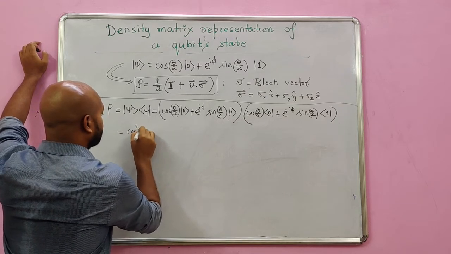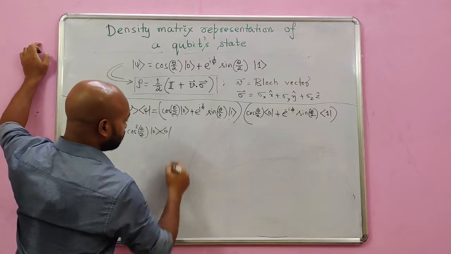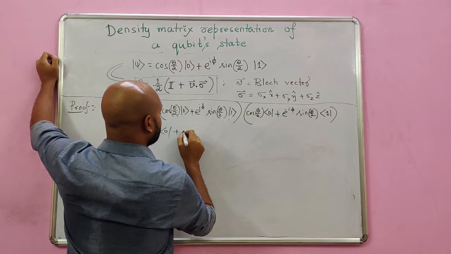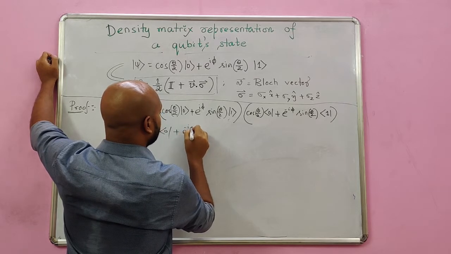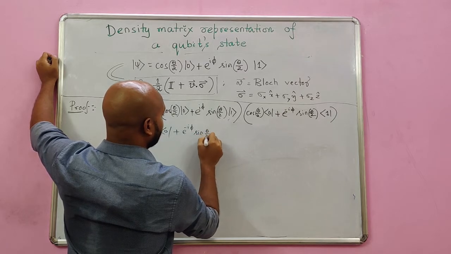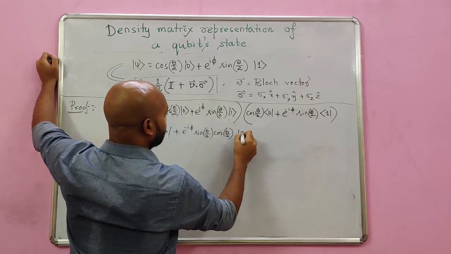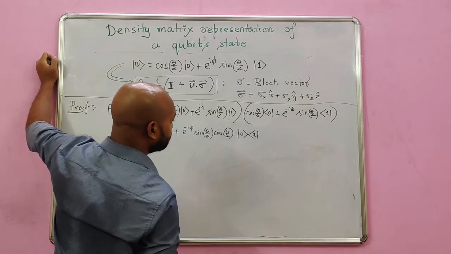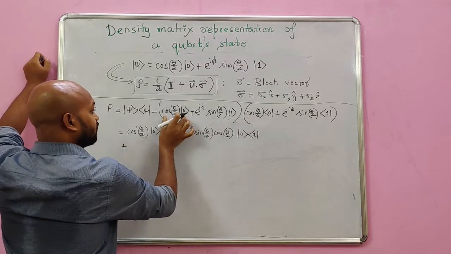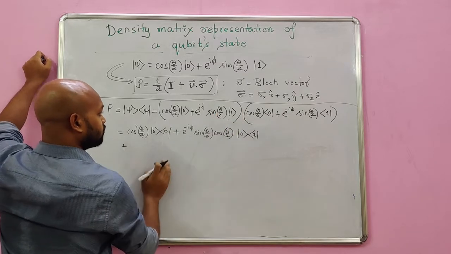I get a cos square theta by 2 for |0><0|, plus e power minus i phi sin theta by 2 cos theta by 2 for |0><1|. I multiply this term with those two terms first, and then I multiply this term with those two terms.